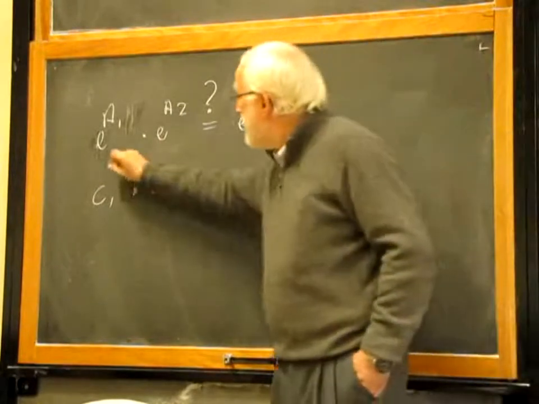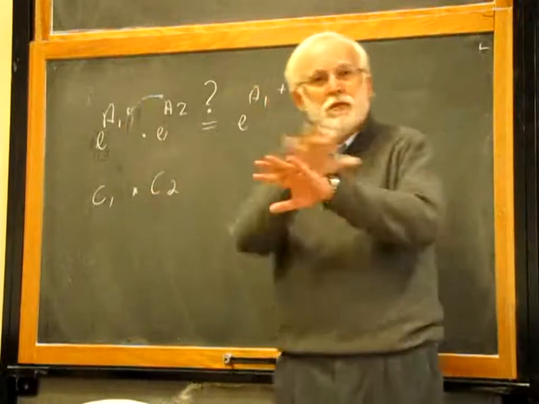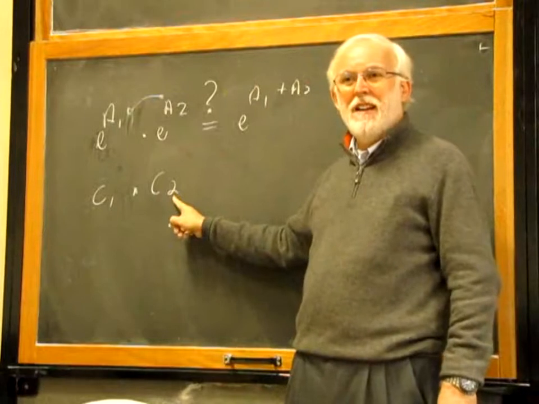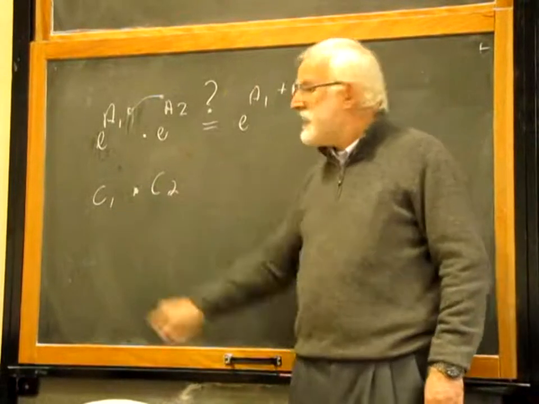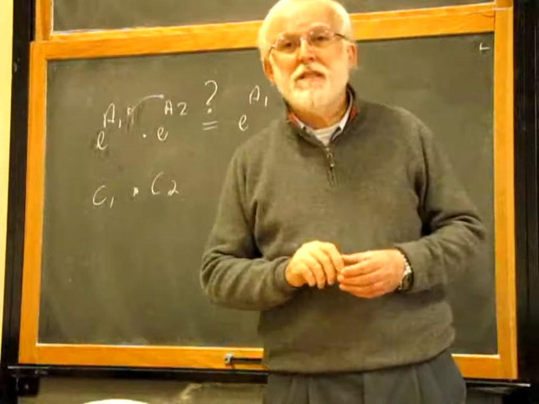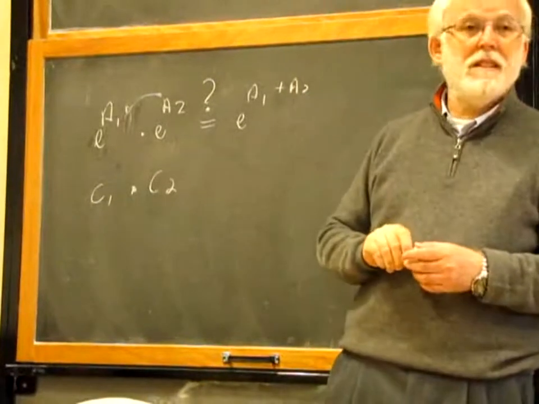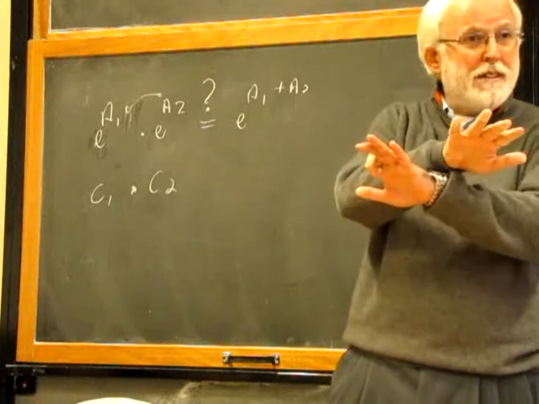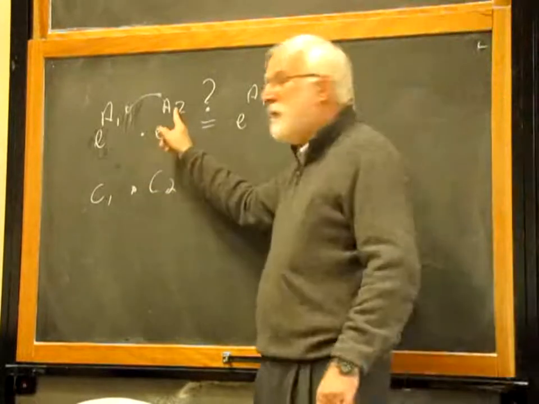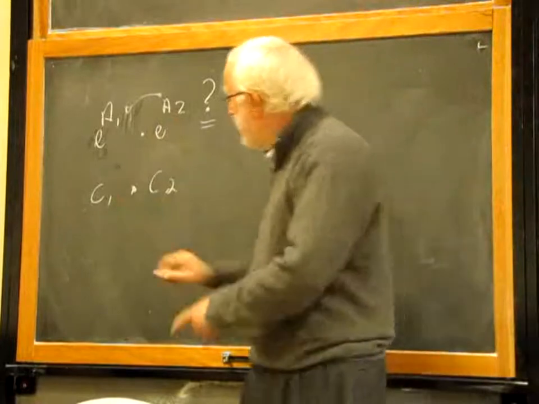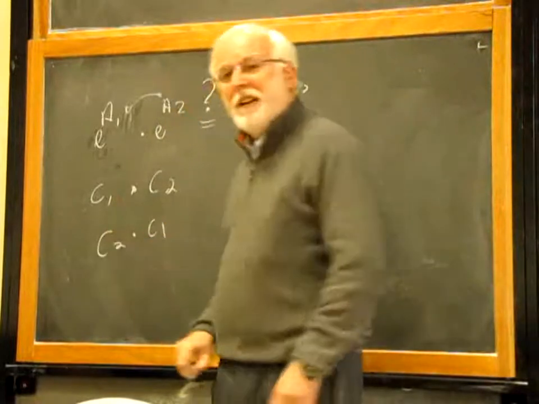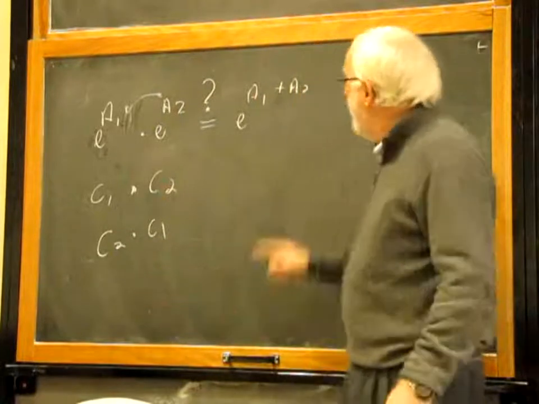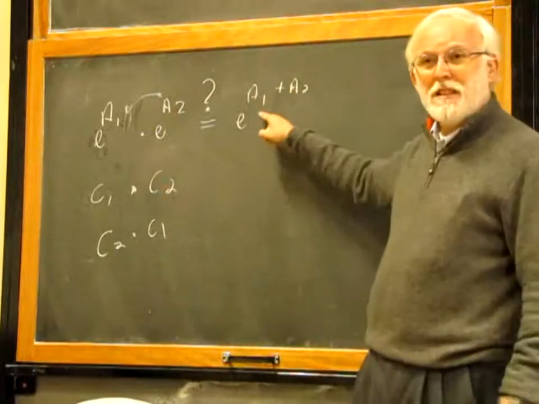Because if you exchange A1 and A2, swap these, you get here C2 times C1. What's the property of the matrix product? We cannot swap. It's not commutative. If you exchange A1 and A2, what you get here is C2 times C1, and these two products are different because matrices have this property. What about if you exchange A1 plus A2?